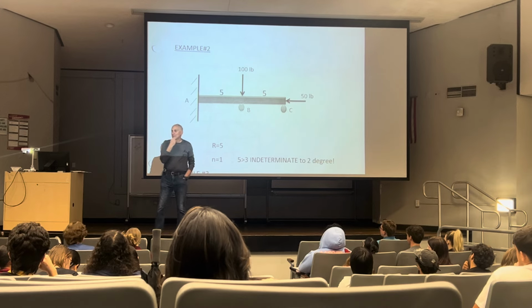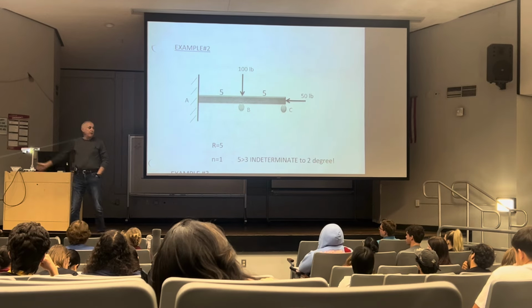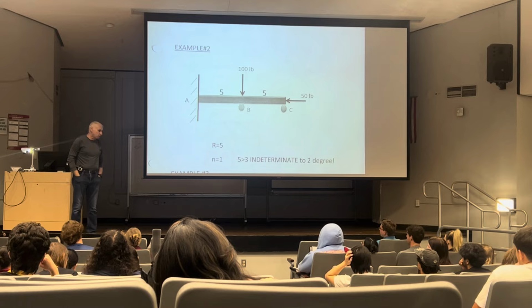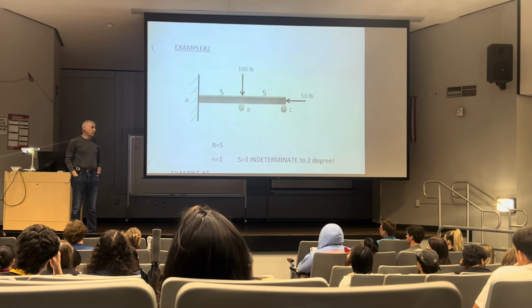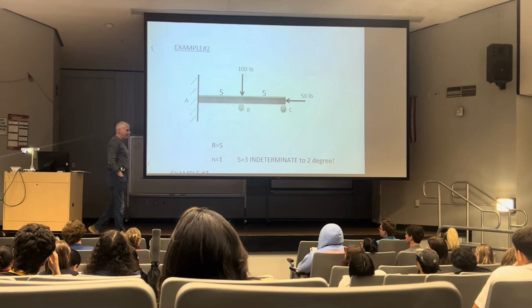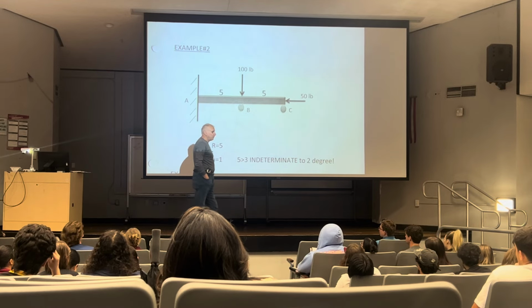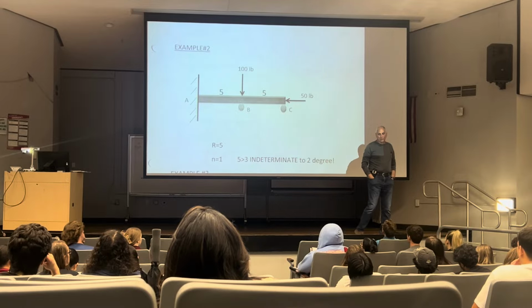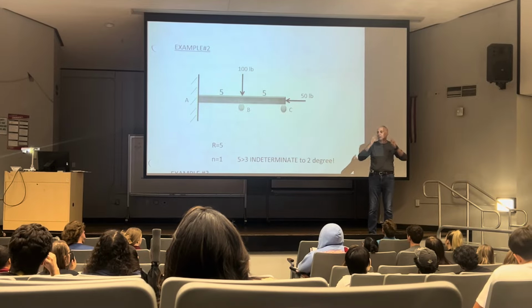Okay? And believe me, the entire world outside is more statically indeterminate than statically determinate. So you're going to have to learn to solve a statically indeterminate problem. And that's why the next class is much harder than this. So if you think, oh, this is terrible, you ain't seen nothing yet.